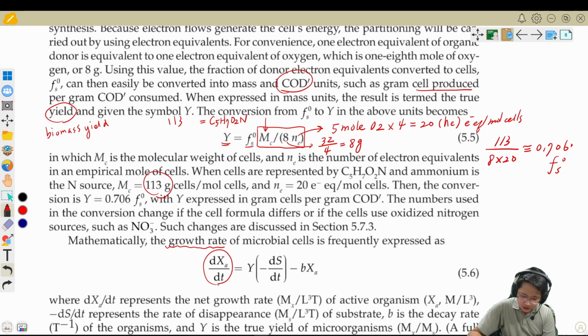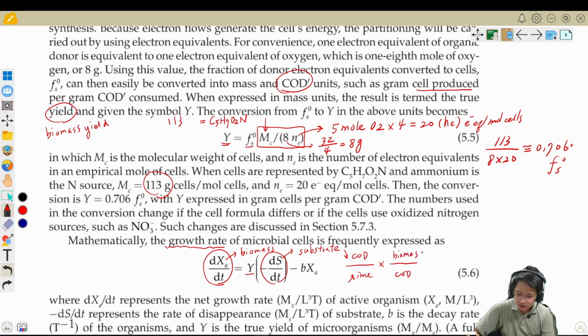This is the time differential of the biomass here. That will equal the true yield times how much of the substrates they are using, because the substrate is how much COD they consumed, and if we multiply by how much COD they convert to biomass, we can understand how much biomass they will generate.